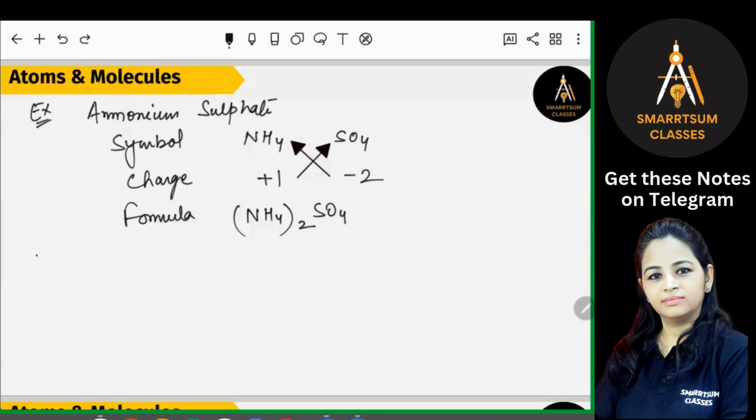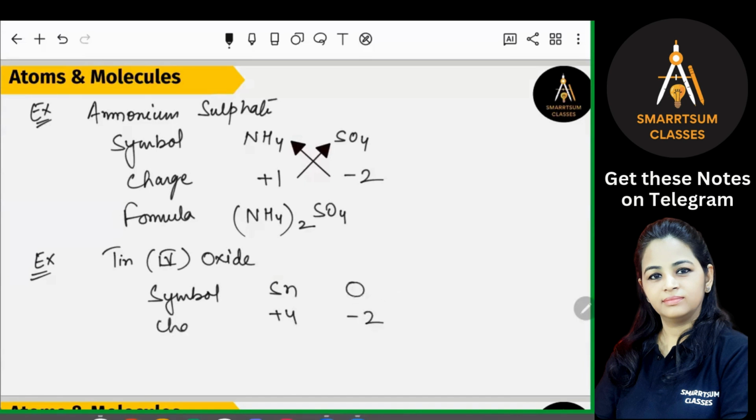Now next example, tin 4 oxide. Symbol: tin is Sn, valency +4, oxide is O, valency -2. Then we use the crisscross method. Now the formula will be Sn2O4.